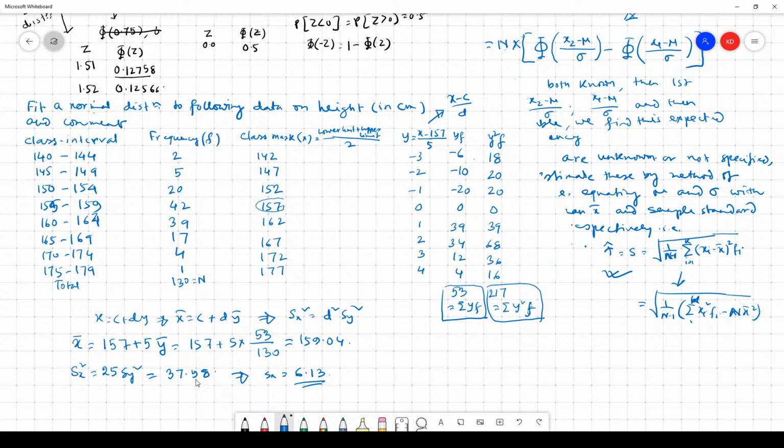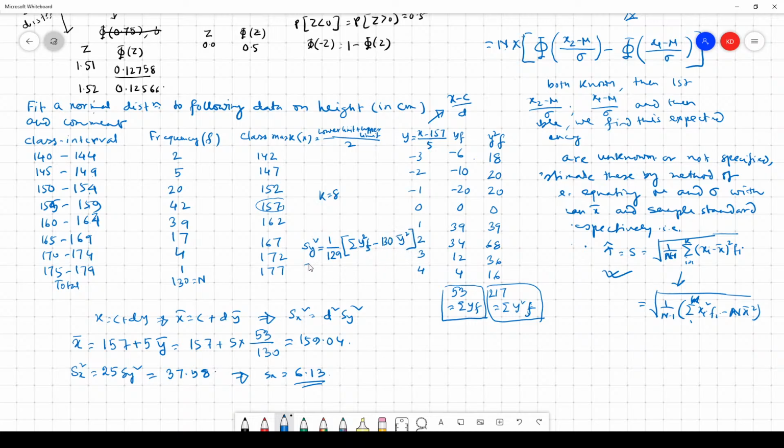So here s_y square is equal to 1 by 129 into sum over y square f, and here k is 8, minus capital N, that is 130, y bar square.